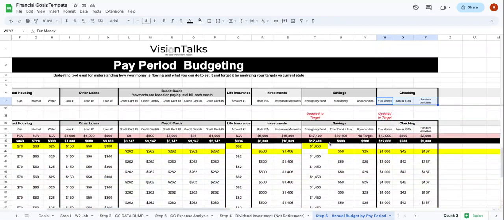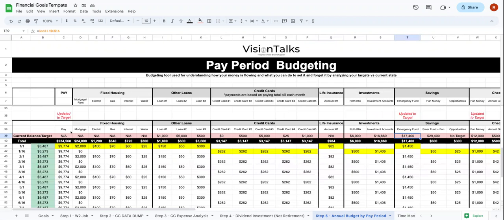So what I have here is this emergency fund goes up to the target, your goal, and so on. And then you can see here your pay also goes up. In this calculation, what I did was I took the current W-2 and I did 5%.